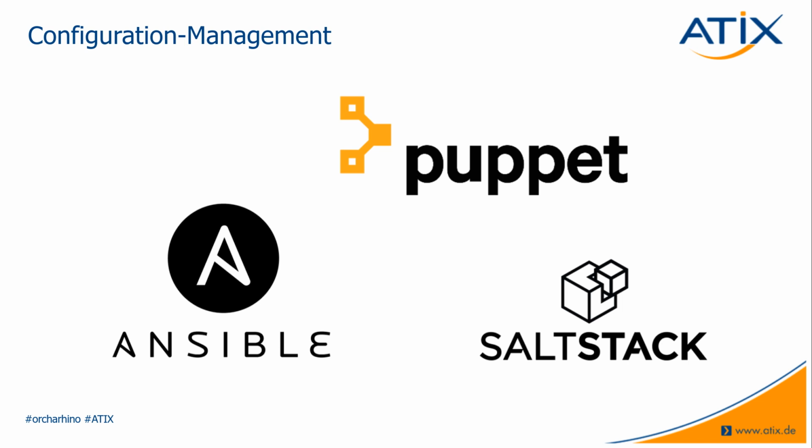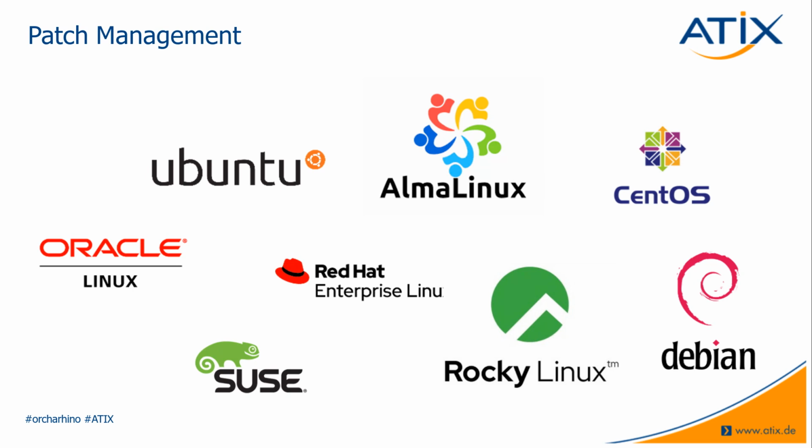Now we have tackled the initial deployment and the configuration of the host, but one part is still missing, which is patch and release management. So, more generally speaking, what is patch and release management? Well, you want overview and control over the software which is available on your host and installed on your host.